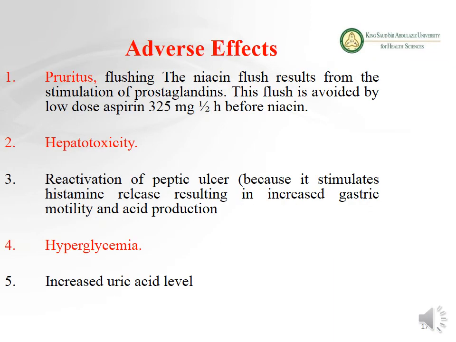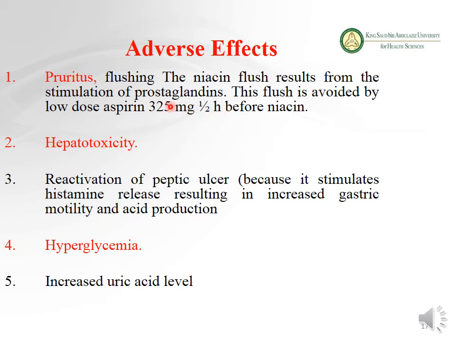Adverse effects: pruritus or flushing. This is one of the main side effects, and it can be decreased by a prostaglandin synthesis inhibitor like aspirin. The niacin flush results from the stimulation of prostaglandin, and this flush is avoided by a low dose of aspirin, around 325 milligram.